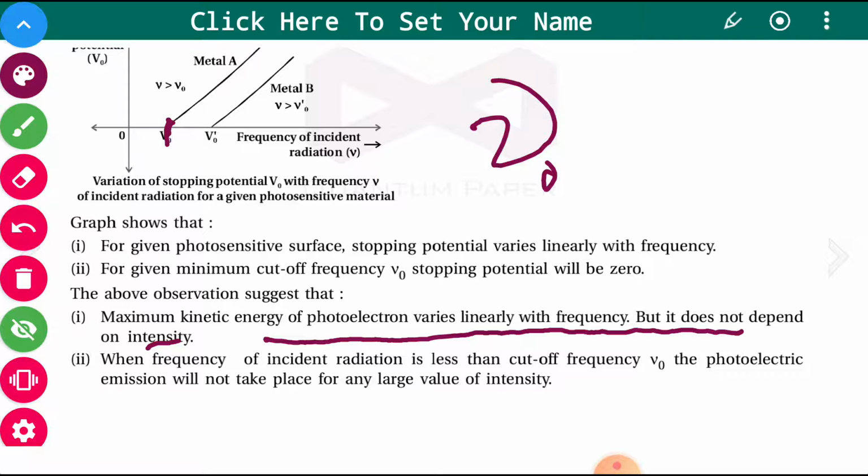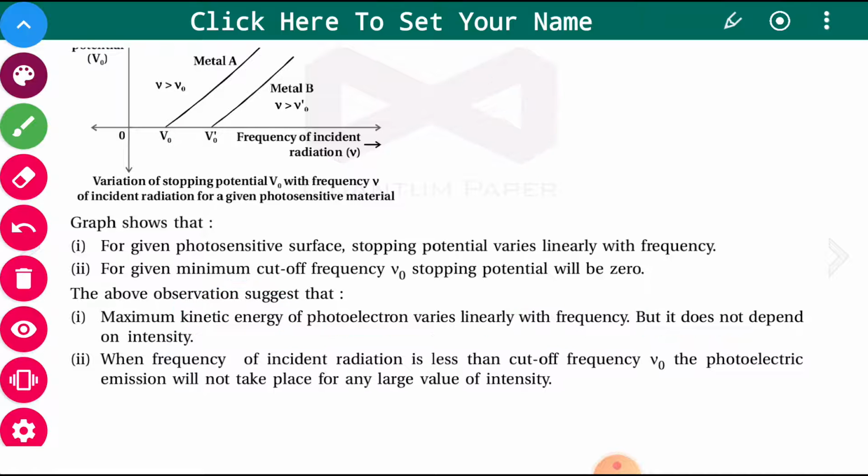And here it has been contradicted: the more the frequency of incident radiation, the more the kinetic energy of the photoelectron which is emitted. When the frequency of incident radiation is less than the cutoff frequency, the photoelectric emission will not take place for any large value of intensity.